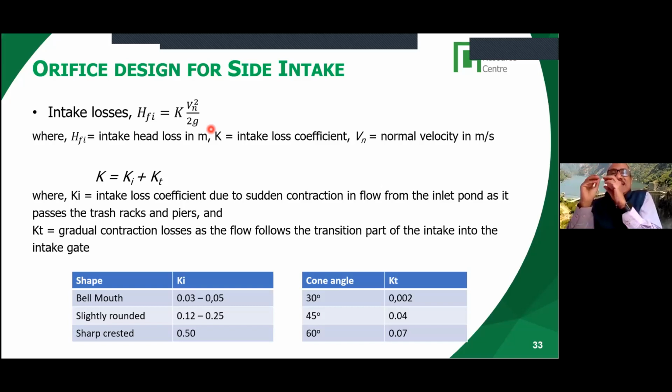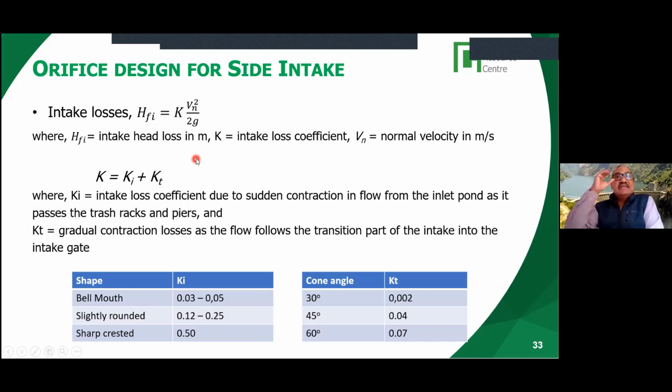That's why you have gross head and net head. The difference between gross head and net head is all the losses that occur in the process of water going from the river to the powerhouse. So one important factor for the design of a side intake is the intake head loss.